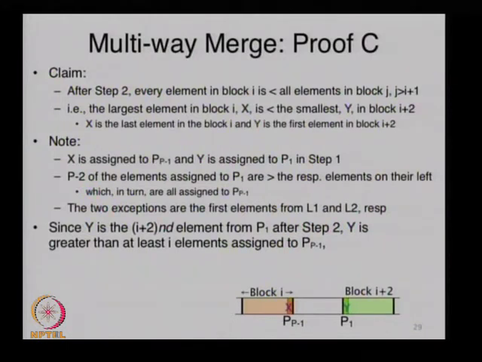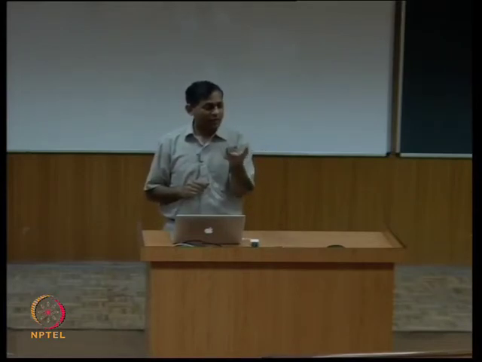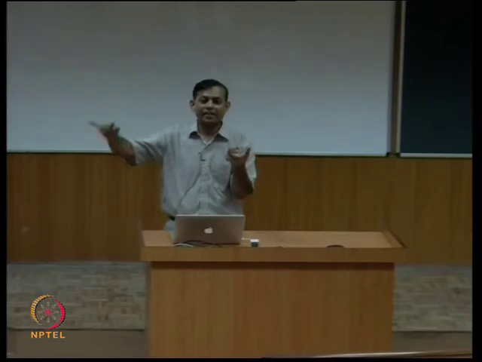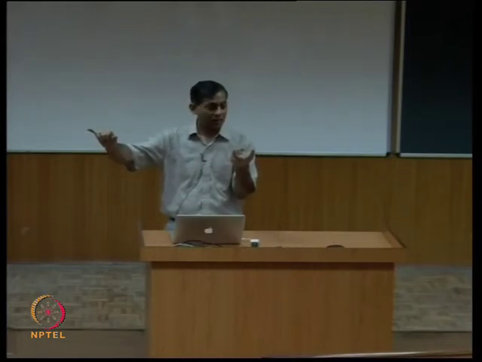This step is a bit more involved than just knowing that every element is within P of each other. So here the statement of this lemma, if you wish, is if you look at elements in block I, then they are guaranteed to be less than elements in block I plus 1, I plus 2, right? That is not implied directly.